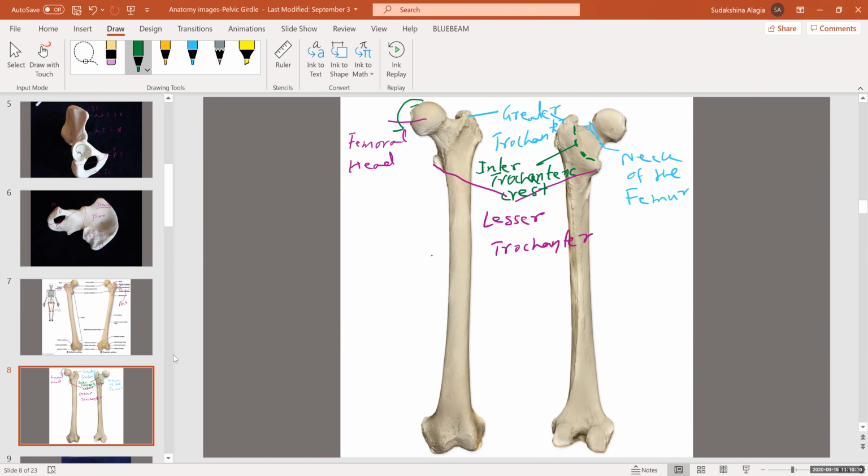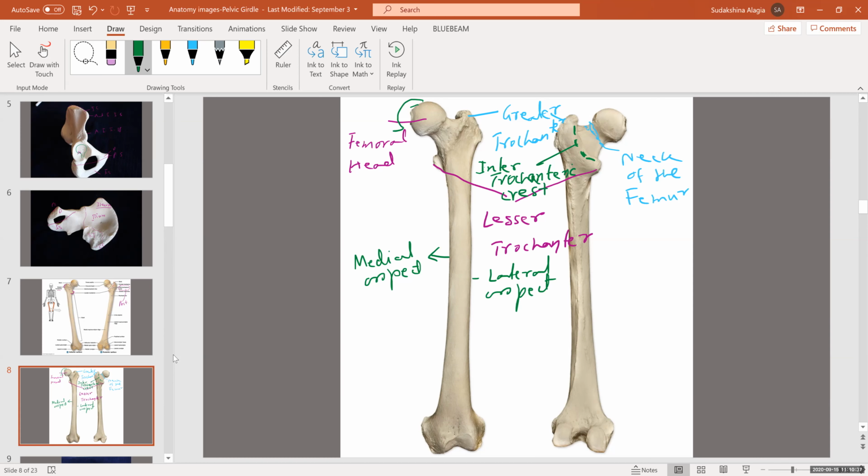That means this is which aspect, which side? Head goes with medial. So this is the medial aspect. This is the lateral aspect.